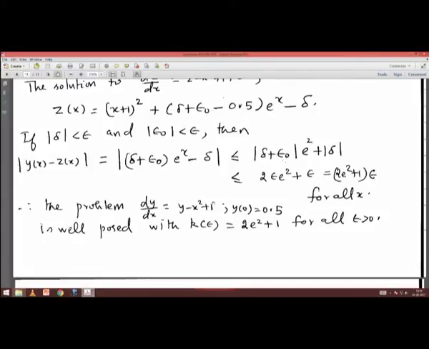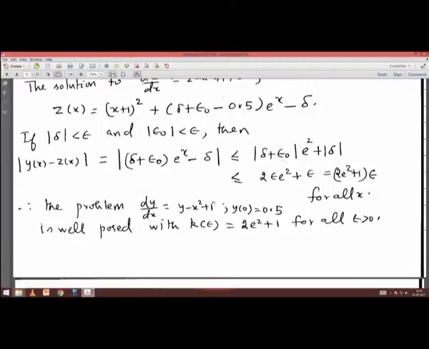than epsilon, and you find the difference in the solutions of the original problem and the perturbed problem, then it gives you modulus of delta plus epsilon naught into e power x minus delta, which is bounded by modulus of delta plus epsilon naught into e square, because our x is less than or equal to 2, plus mod delta.